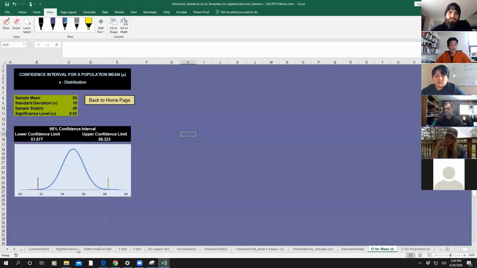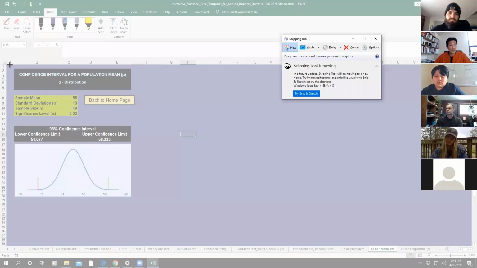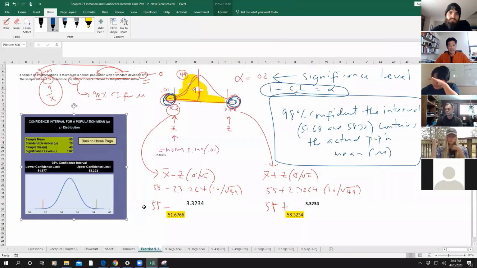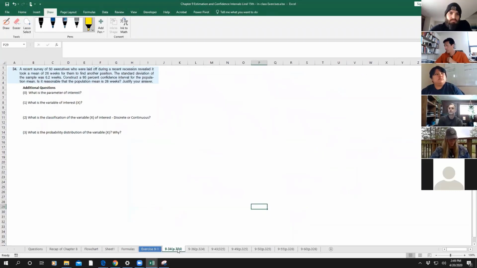Okay, so here's the confidence interval that we computed, which confirms our numbers. That number there and that number there is consistent with what we have over here. We good? Maybe let's do one more sample from the textbook.